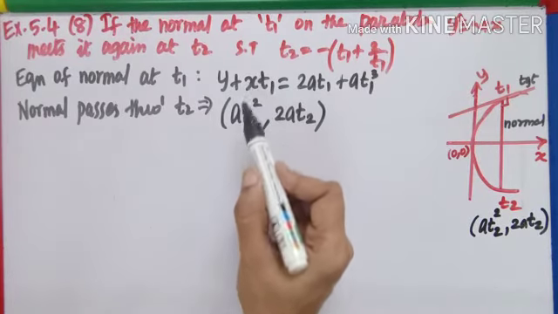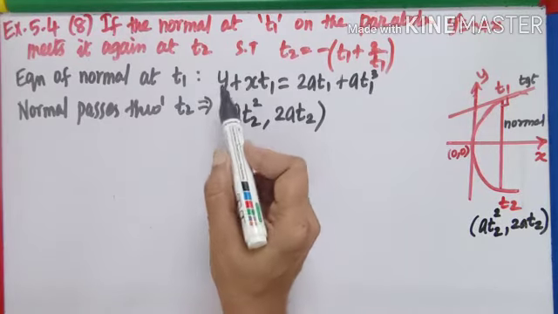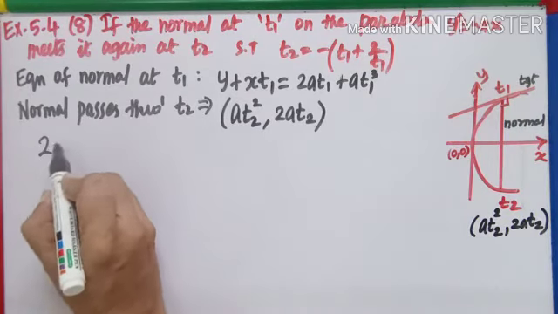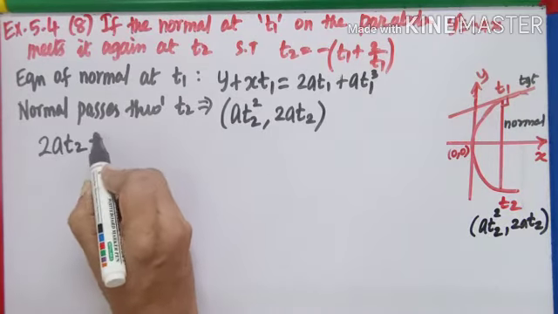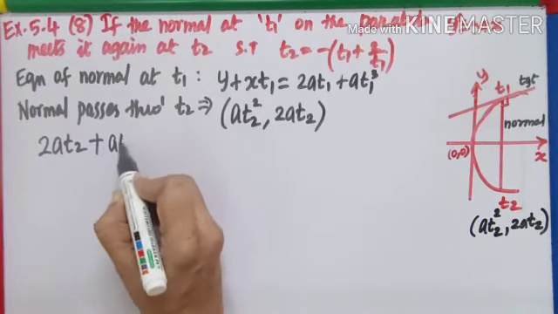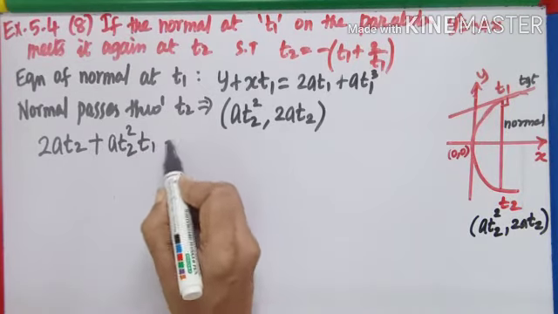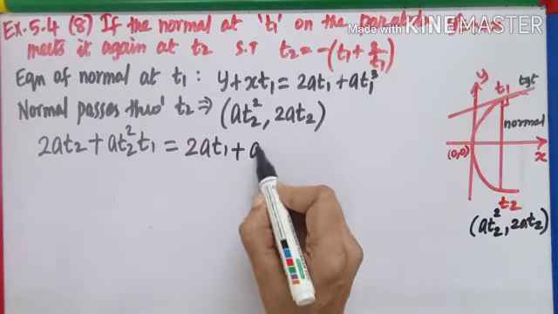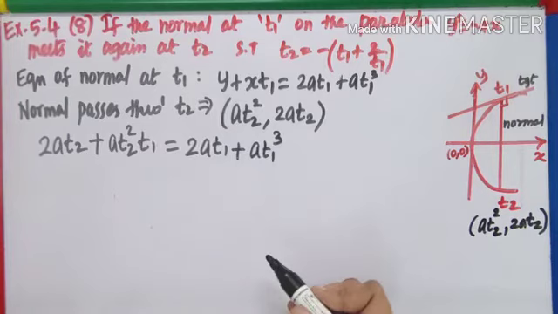So wherever x comes, put aT2 square, and wherever y comes, put 2aT2. So we get 2aT2 plus aT2 square into T1 equals 2aT1 plus aT1 cube.